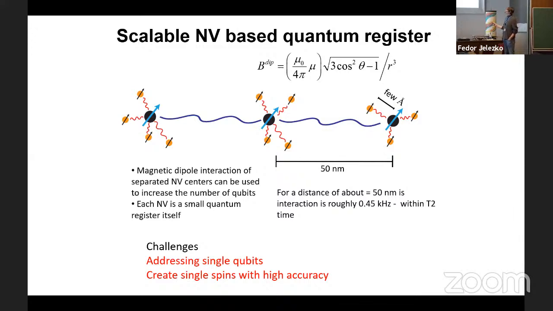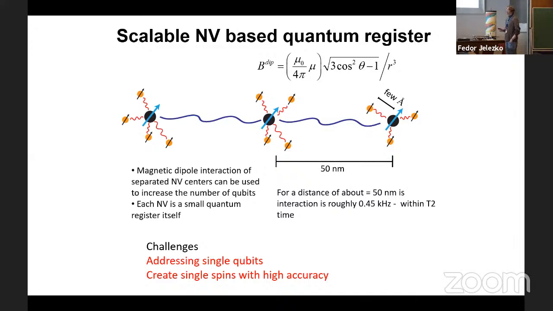So the interaction is 1,000 times larger compared to the nuclear spin, electron spin interaction, and that allows the coupling over tens of nanometers. That's still quite a small distance, but it's larger compared to the few angstroms up to a nanometer in the design that we have discussed before.